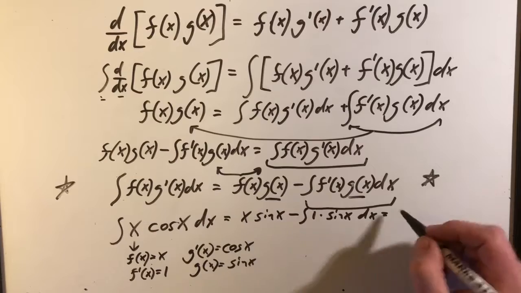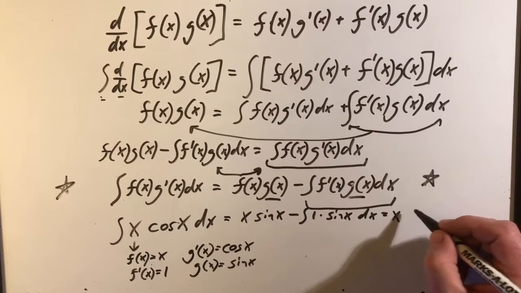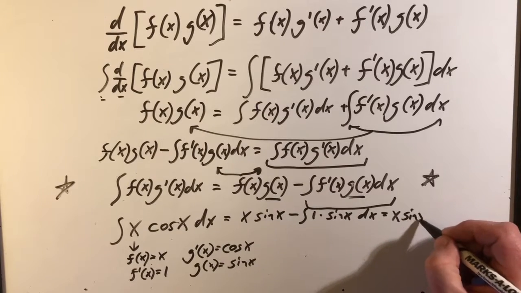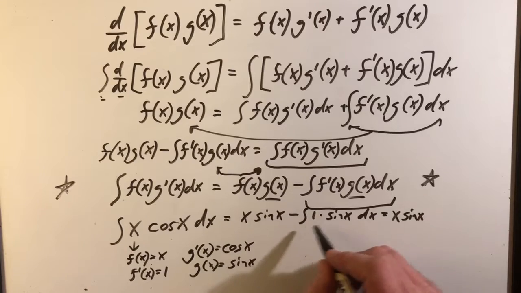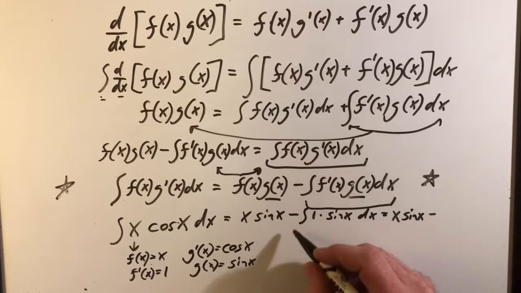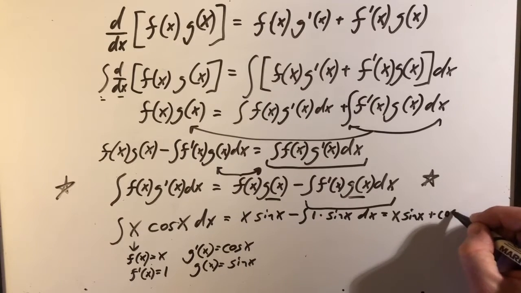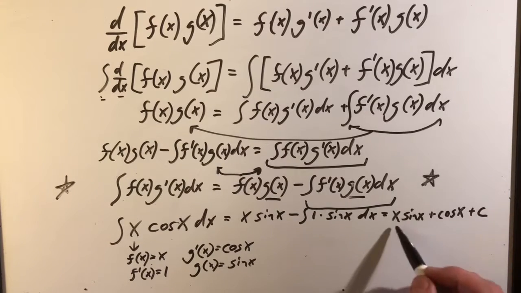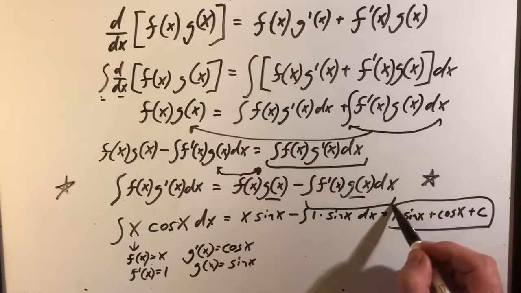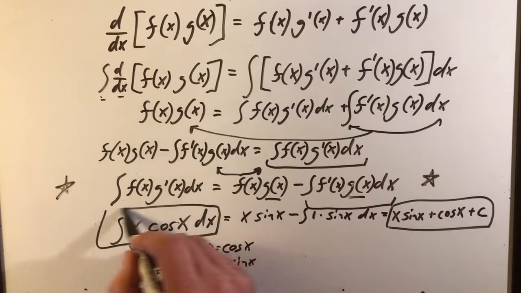So we can easily say the answer for this one is x sine x, and the antiderivative of sine is a negative cosine, so with the minus in front it becomes positive cosine x plus c. So that is your answer for that integration here.